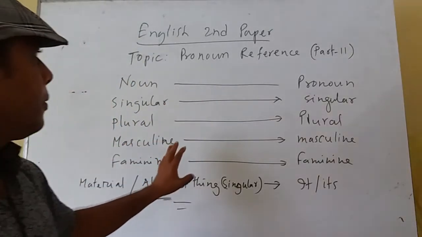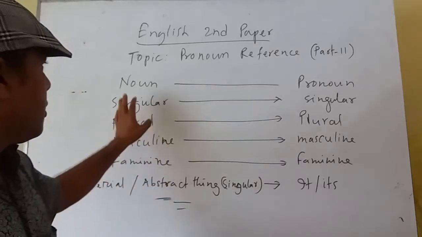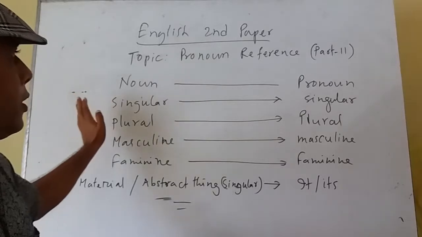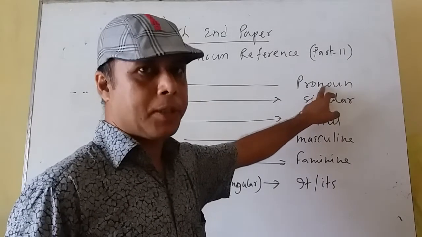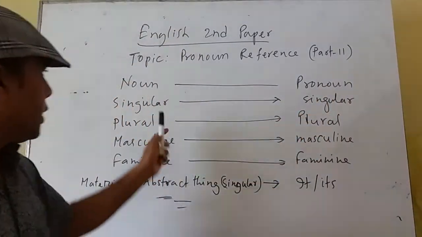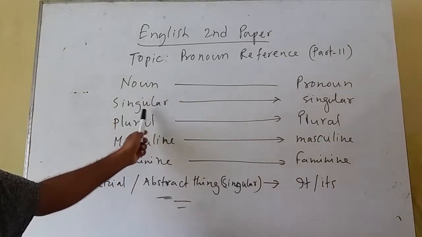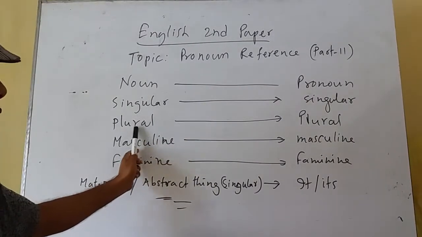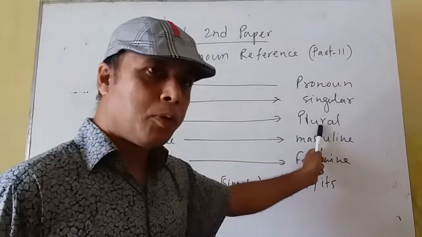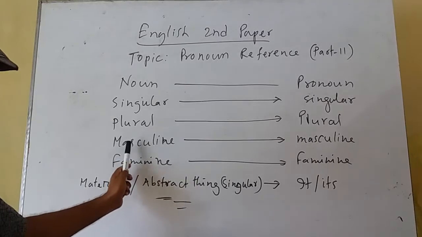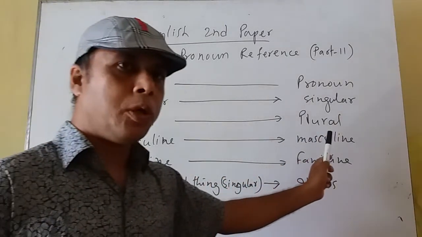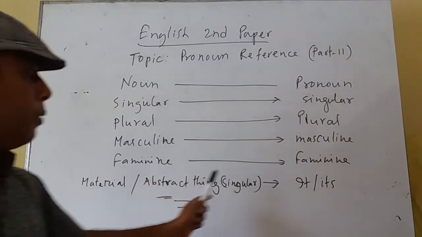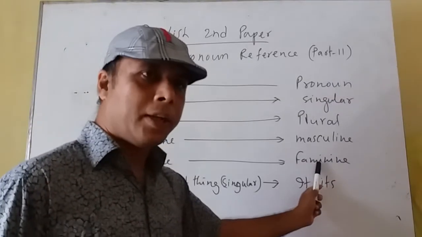See here, I have written noun in the left part and pronoun in the right part. If the noun is singular, pronoun will also be singular. If the noun is plural, pronoun will also be plural. If the noun is masculine, pronoun will also be masculine. If the noun is feminine, pronoun will also be feminine.